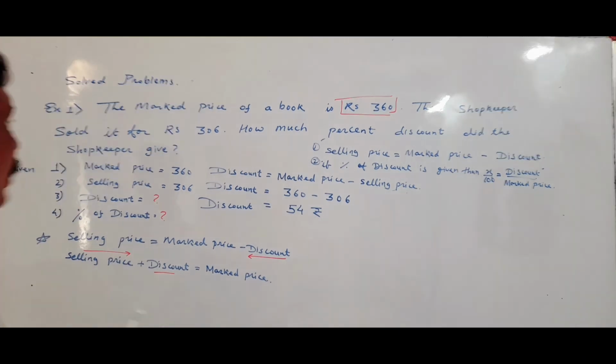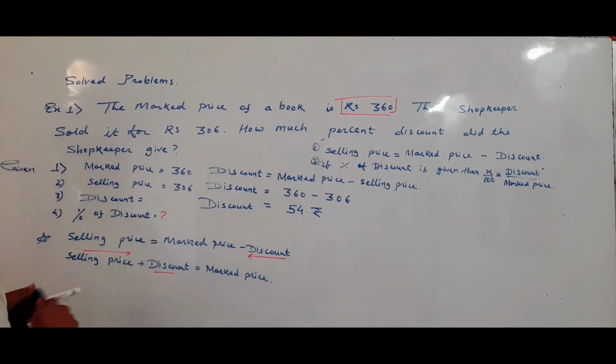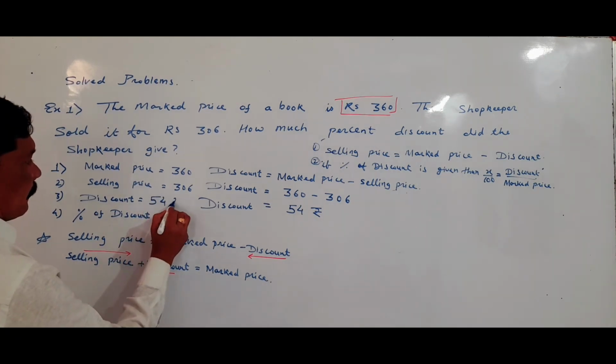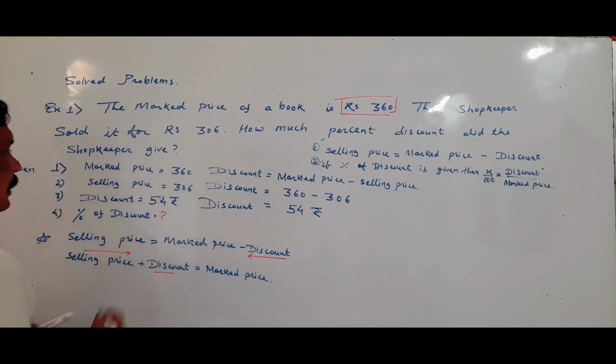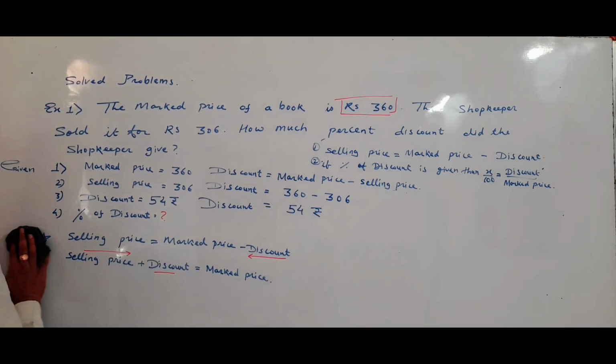Now the discount we got is 54 rupees. This we can put in the other formula.